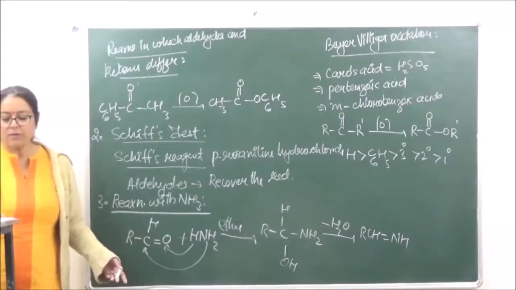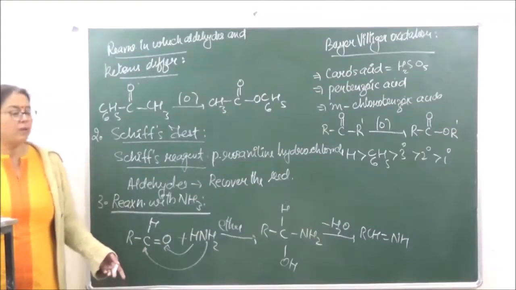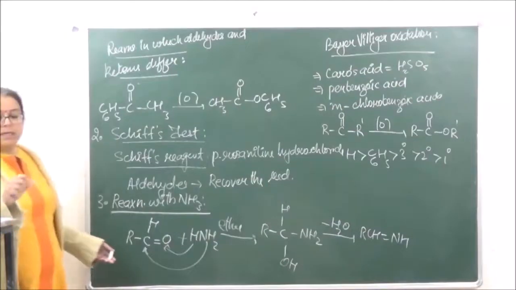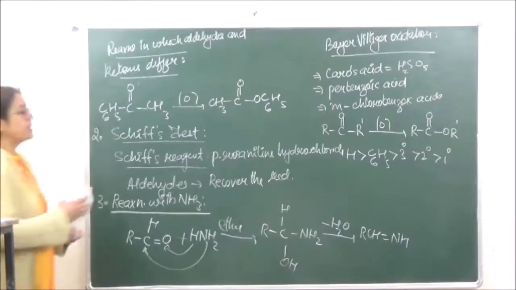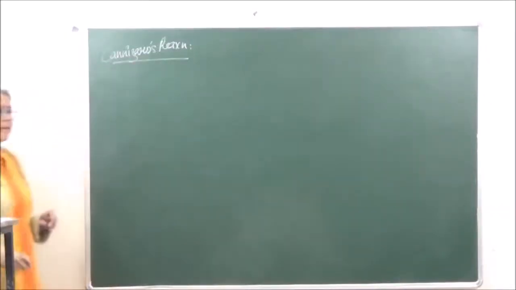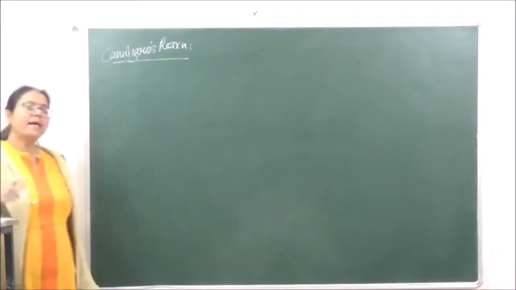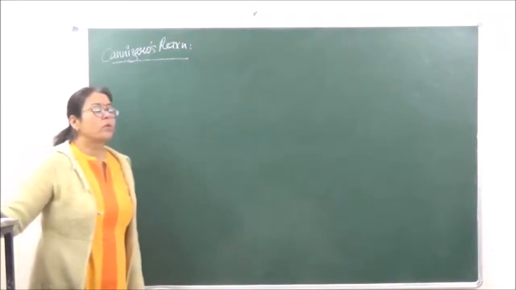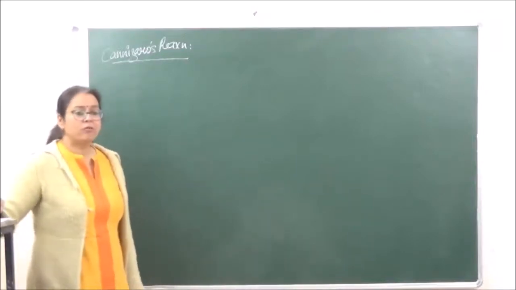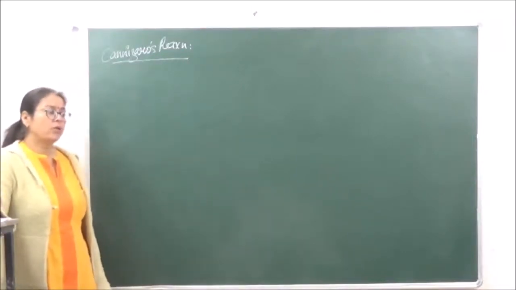Then we come to another very important reaction, which is very common in your boards. That is known as the Cannizzaro reaction. Now, we've already studied that all those compounds which do not have alpha hydrogen do not undergo aldol condensation.